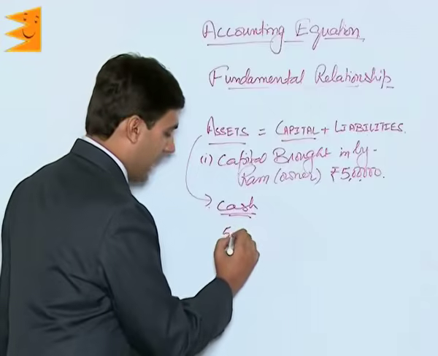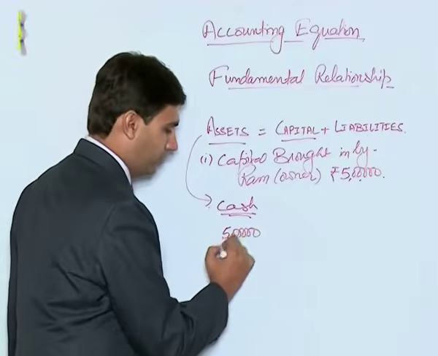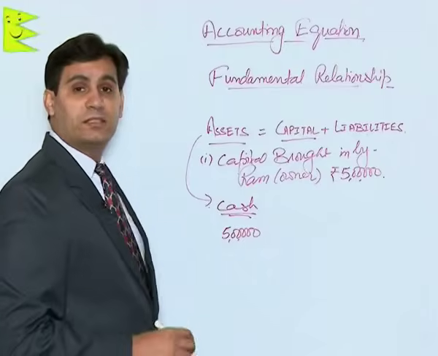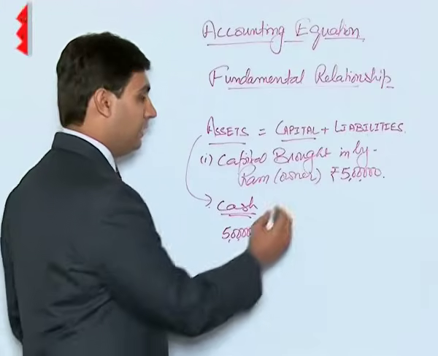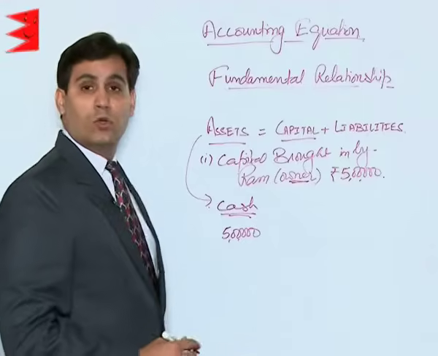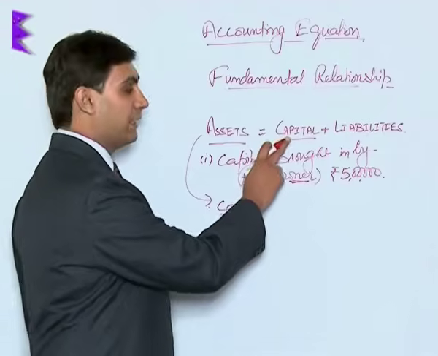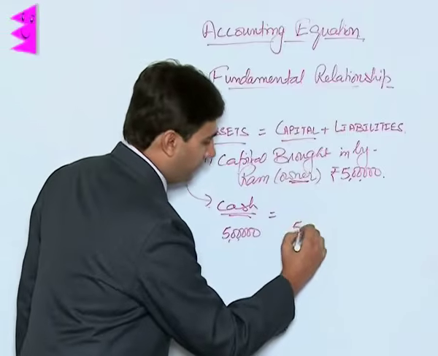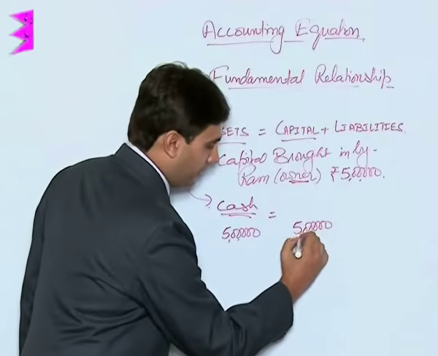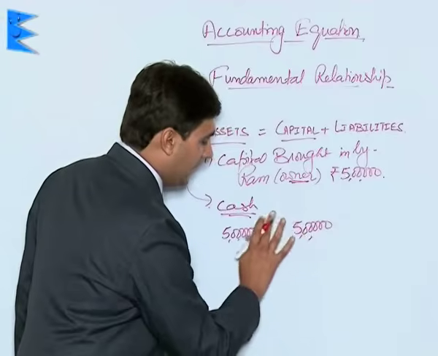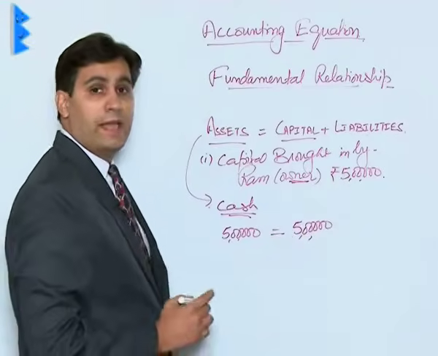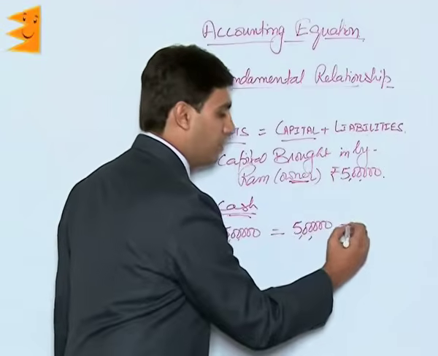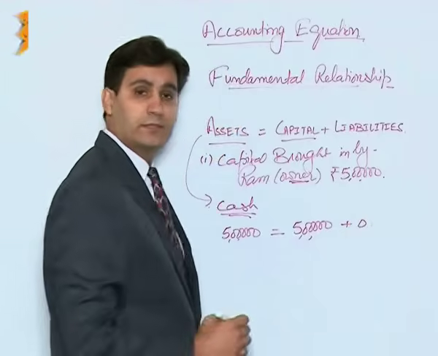Business has got assets worth rupees 5 lakh now, and this 5 lakh has been brought in by the owner. So owner's money is represented by capital. I am directly writing it under capital, 5 lakh. And you can see that they are always equal as there is no component of outside liabilities.